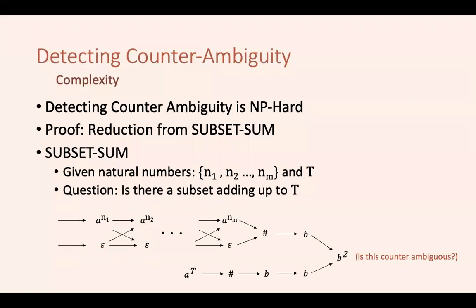So this is kind of a shorthand, but imagine that there is this counter over here, which counts up to N1, and this counter over here, which counts up to N2, and so on. And at the end, there is that counter with B, which counts up to 2. So now imagine that there is indeed such a subset.